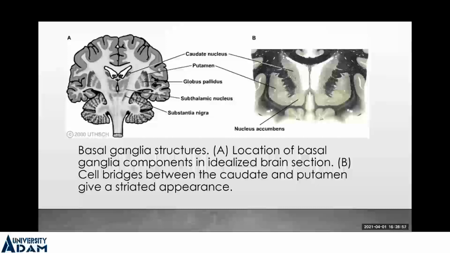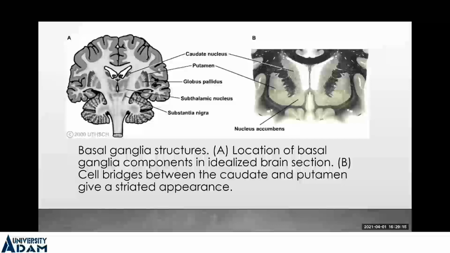So guys, to understand all the structures more easily, we, like neurologists, divide all these structures into two groups, okay. So the first group is the pallidum and the second is the striatum.